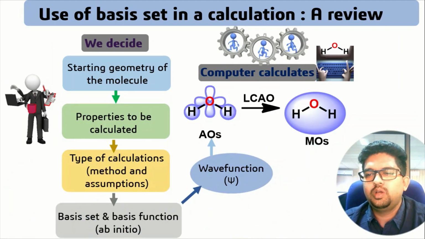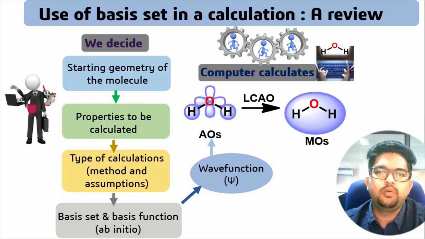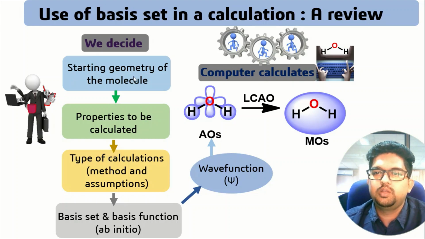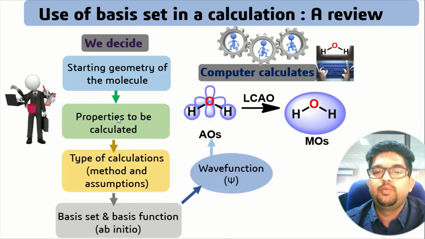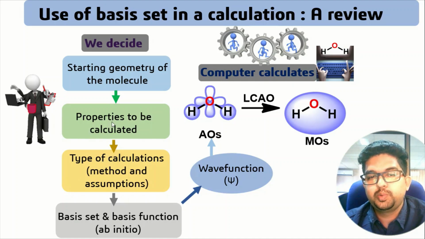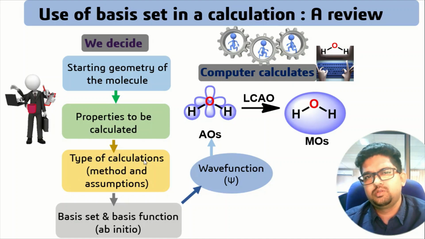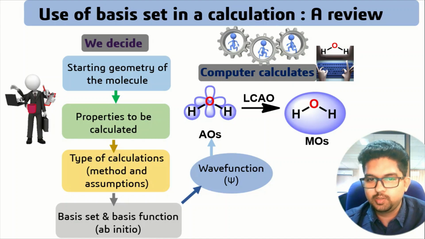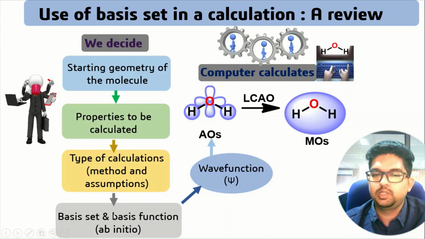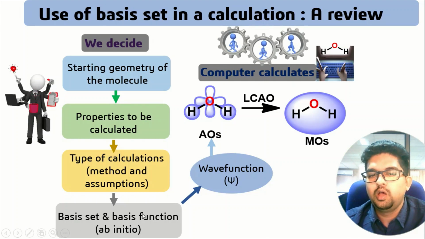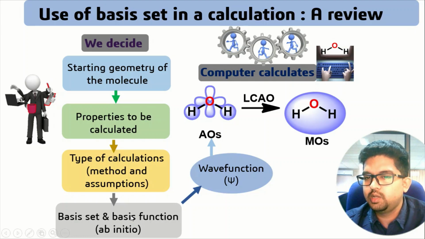Now I'll give you a brief overview of what we have done here. First, we decide the geometry of a molecule. We design a molecule and keep its geometry specific. Now we calculate the properties of that molecule, and for that we use some method, make some assumptions, and also select the basis set and basis functions. After this, we do a calculation and we get a wave function.